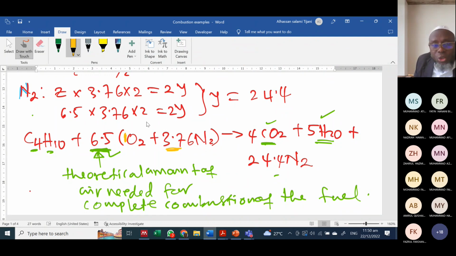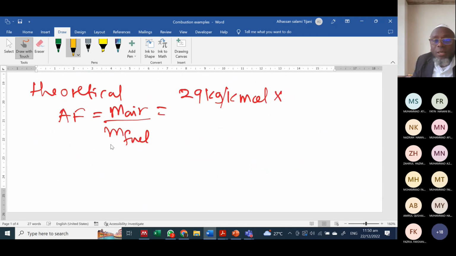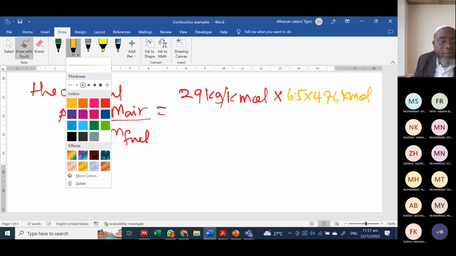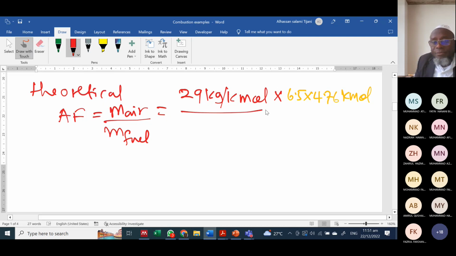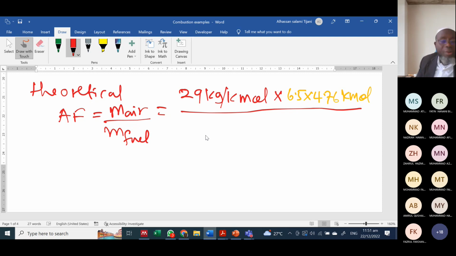So for the air part, it gives us 4.76 kilomole of the air. Then we multiply by 6.5. So this gives us 6.5 times 4.76 kilomole of the air, all divided by the mass of the fuel.